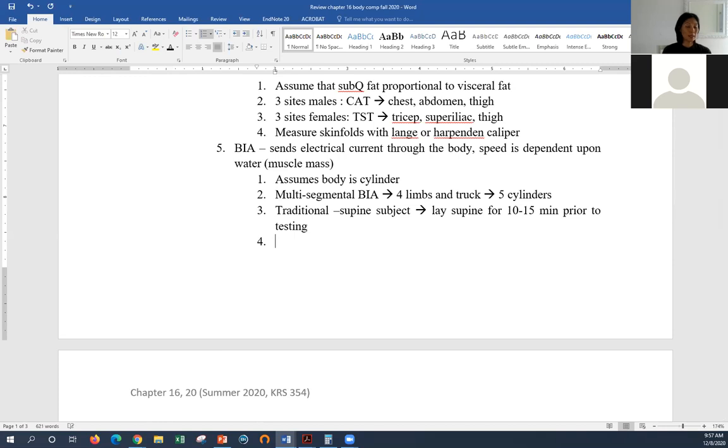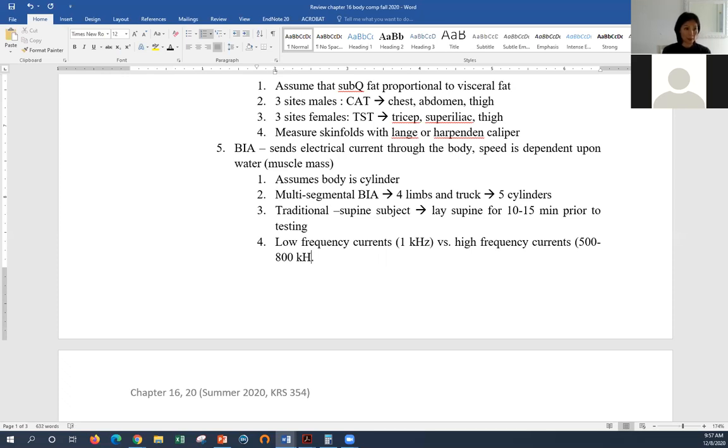The other thing about BIA is that there are low frequency currents and high frequency currents. The low frequency currents are considered those of 1 kilohertz, and the high frequency currents are considered those of 500 to 800 kilohertz.